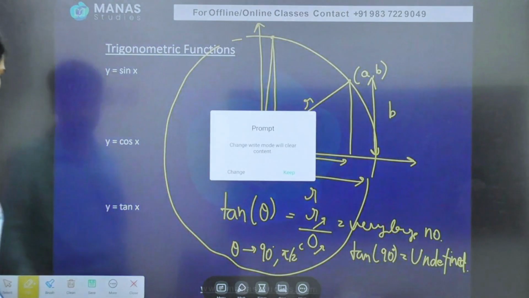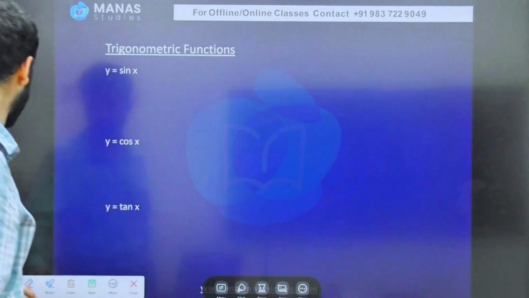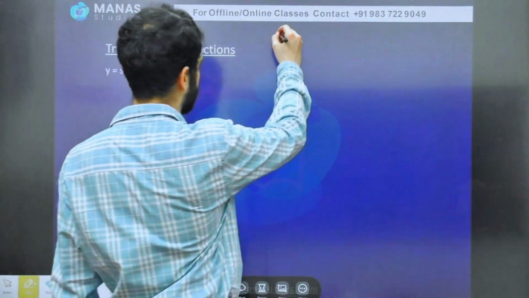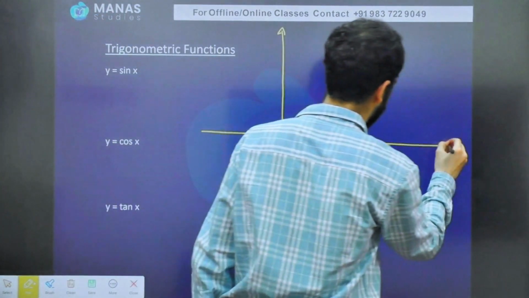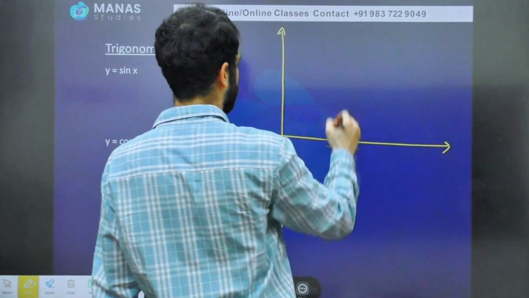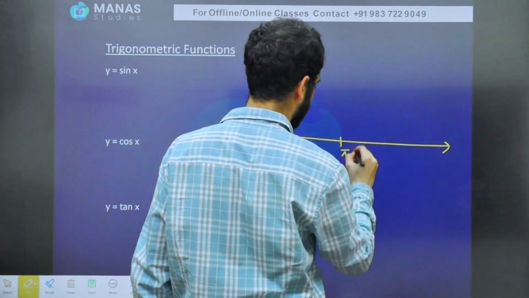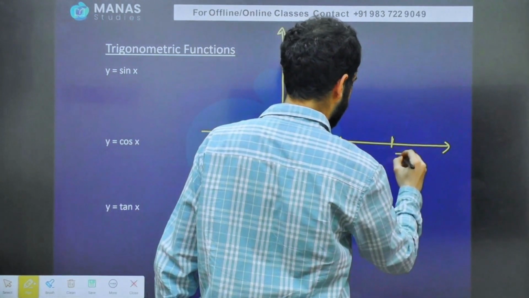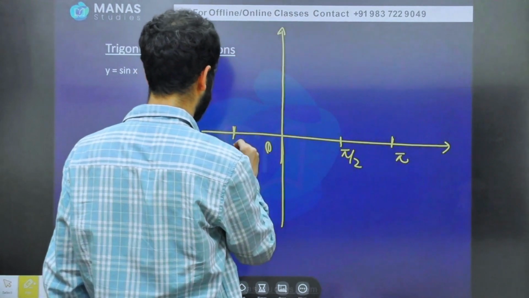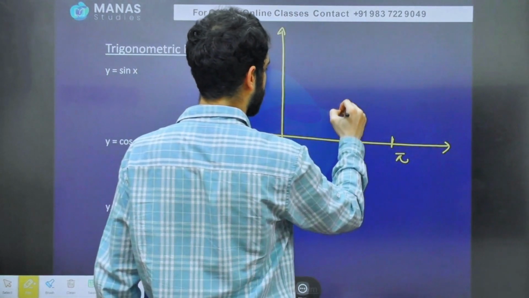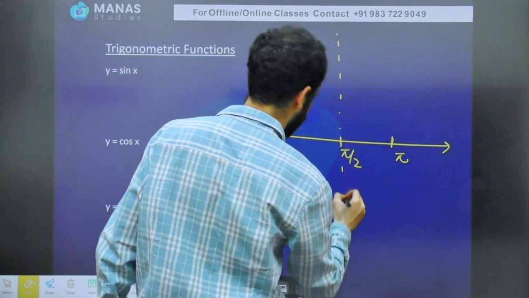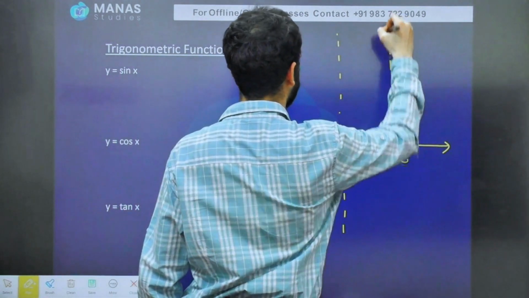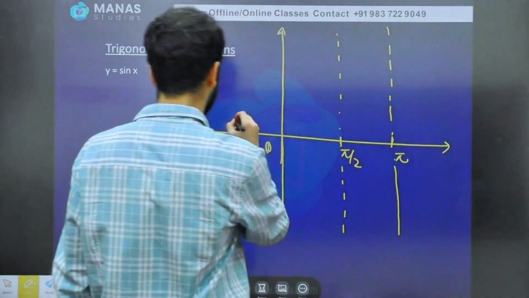Now we are going to draw the graph of tan, and the graph would look like this. The y-axis, the x-axis, 0, this is pi by 2, pi, and minus pi by 2. Let me just draw some reference lines so that I can see clearly.